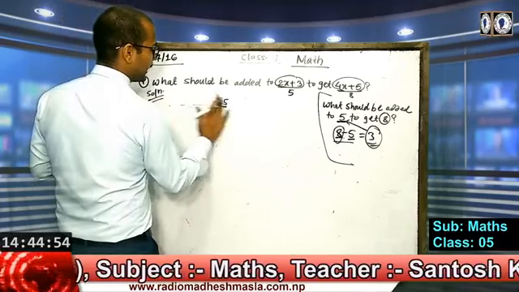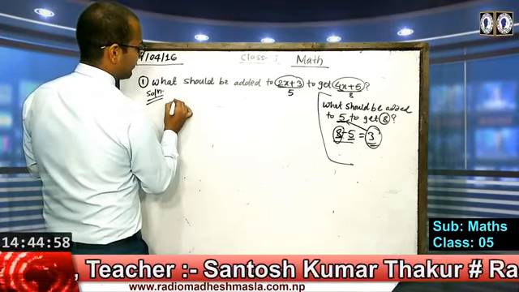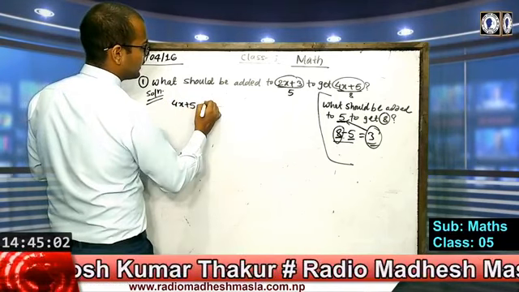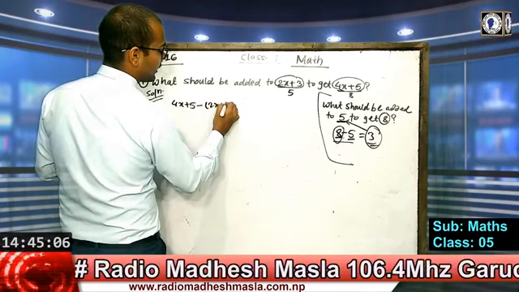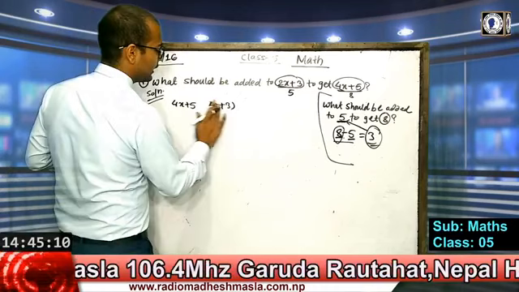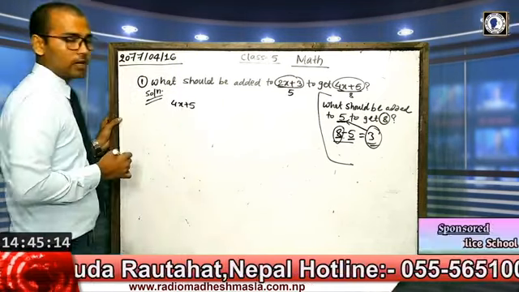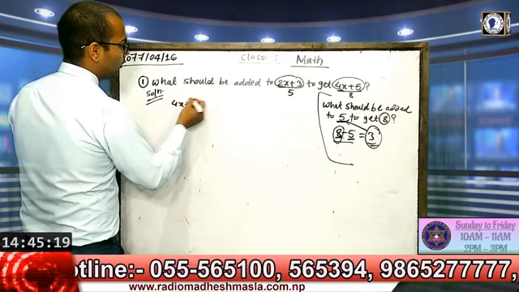So here is 4x plus 5 minus 2x plus 3. We can do it like this, or if you have any problem then you can use the vertical method of subtraction also, and as you know how to do this. So here we should arrange the like terms.